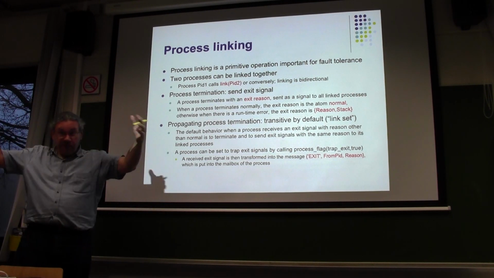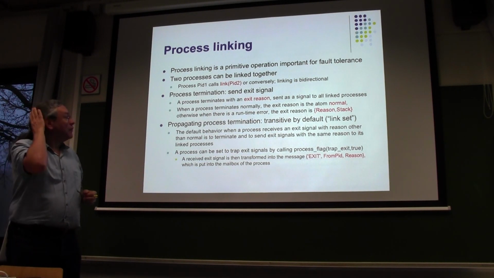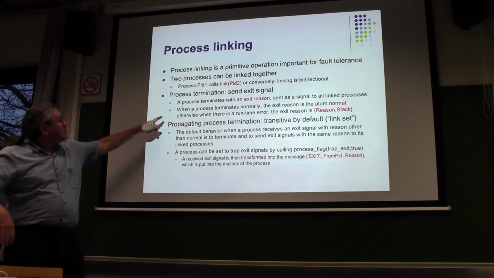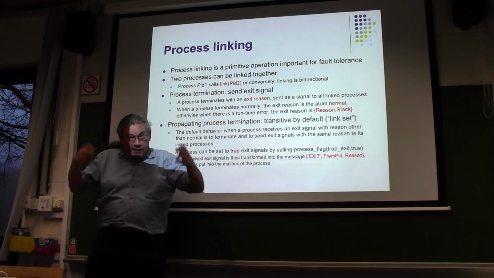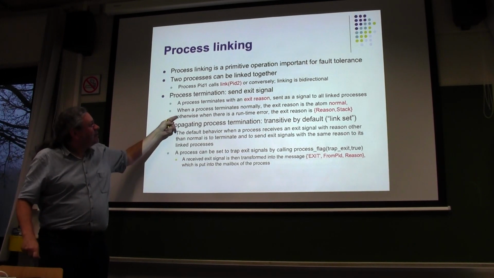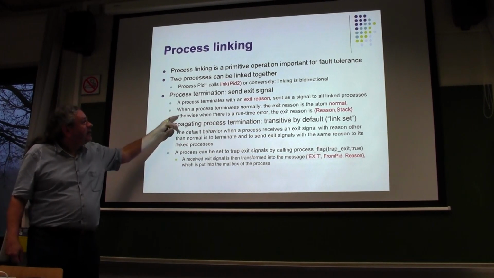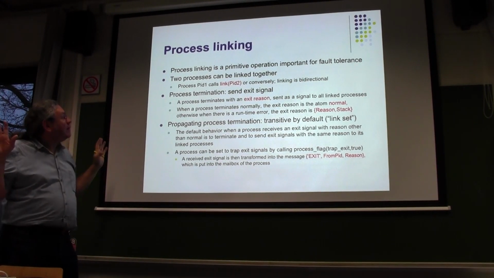And this is transitive. If you link many processes, it makes a set of linked processes. And we distinguish between normal exit, everything's fine, it just terminates, no problem. The exit reason is normal, and so it could be ignored eventually.